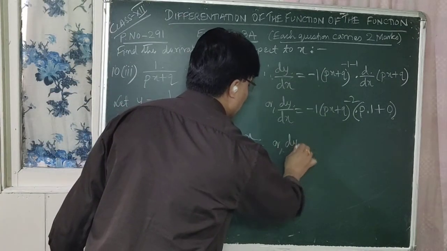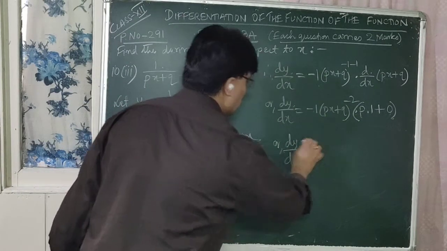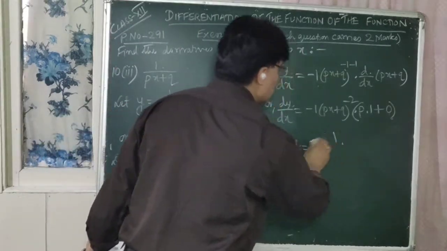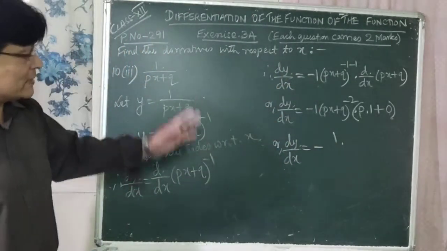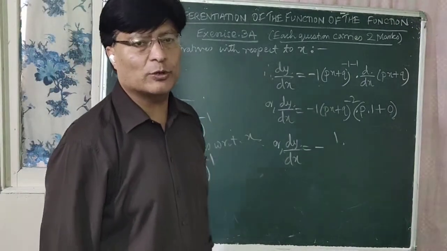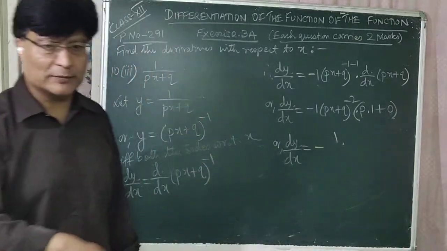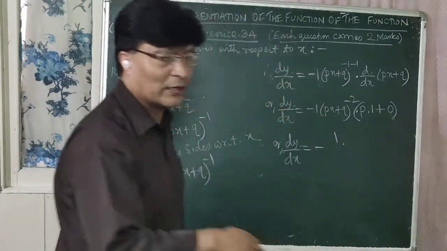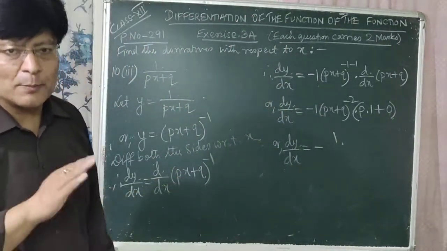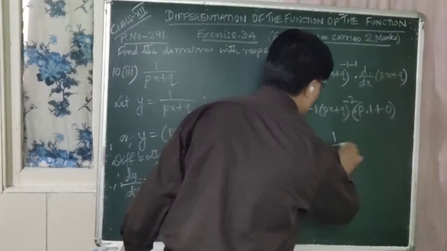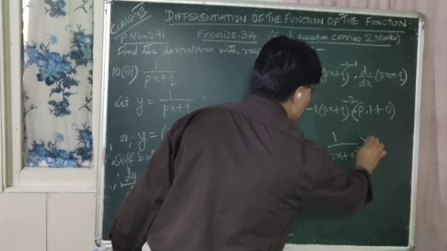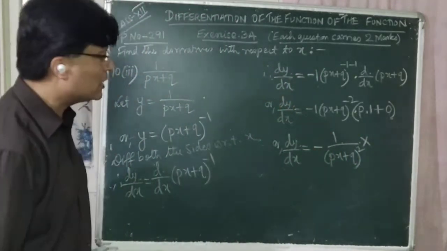So dy by dx is equal to minus 1. You can take that (px plus q) whole to the power minus 2 to the denominator. If the power is minus 2, we take it to the denominator and make the power positive. So it is divided by (px plus q) whole square into what?